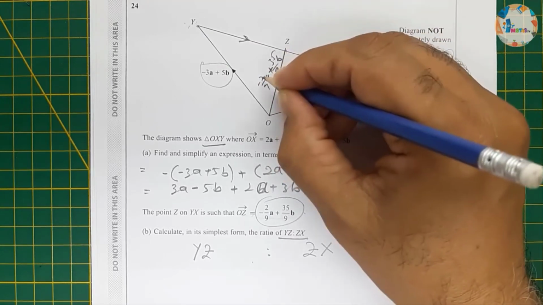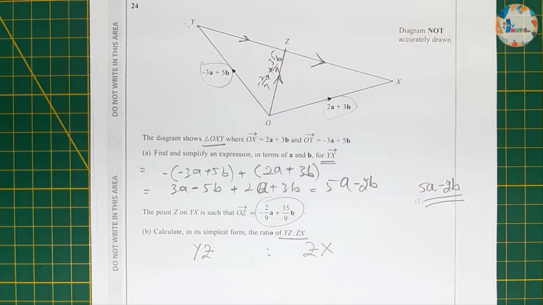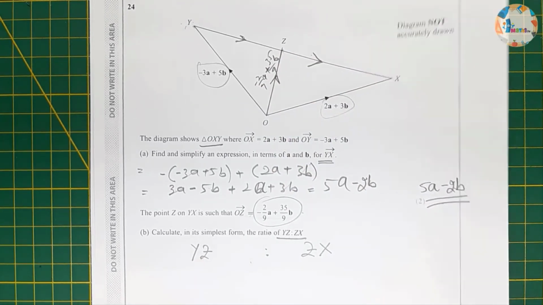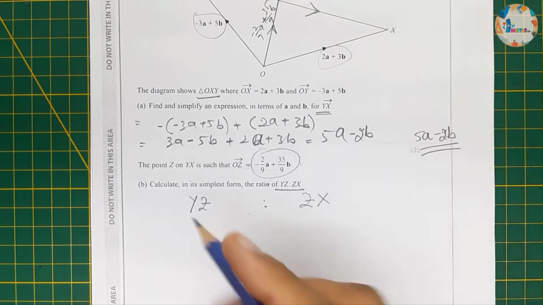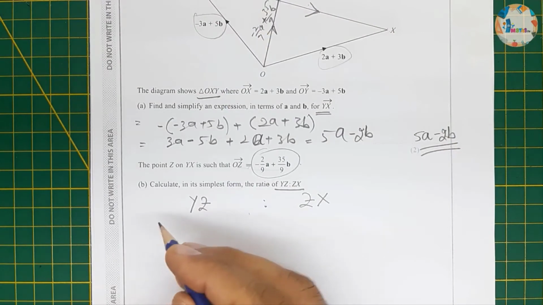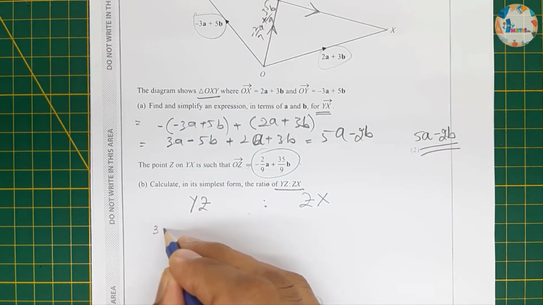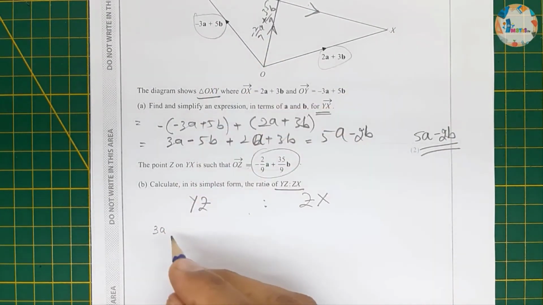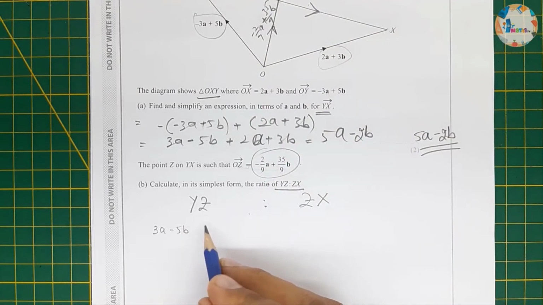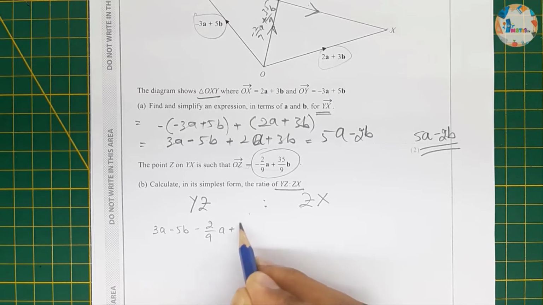So this vector is also provided. We will utilize this. I'll move the page a little above. So YZ will be minus of this: 3a minus 5b, and plus this one, which is provided, minus 2 by 9a plus 35 by 9b.